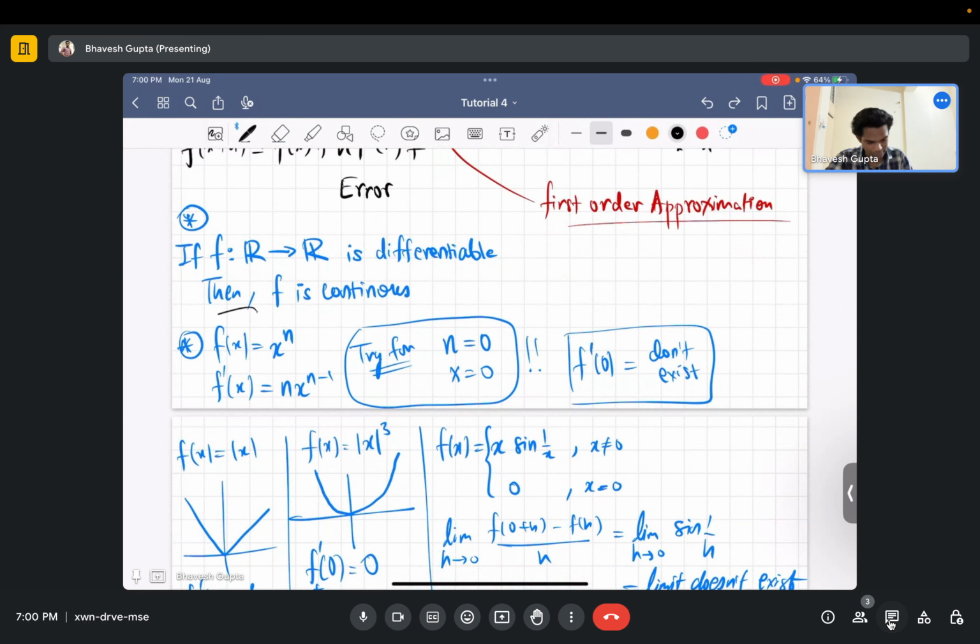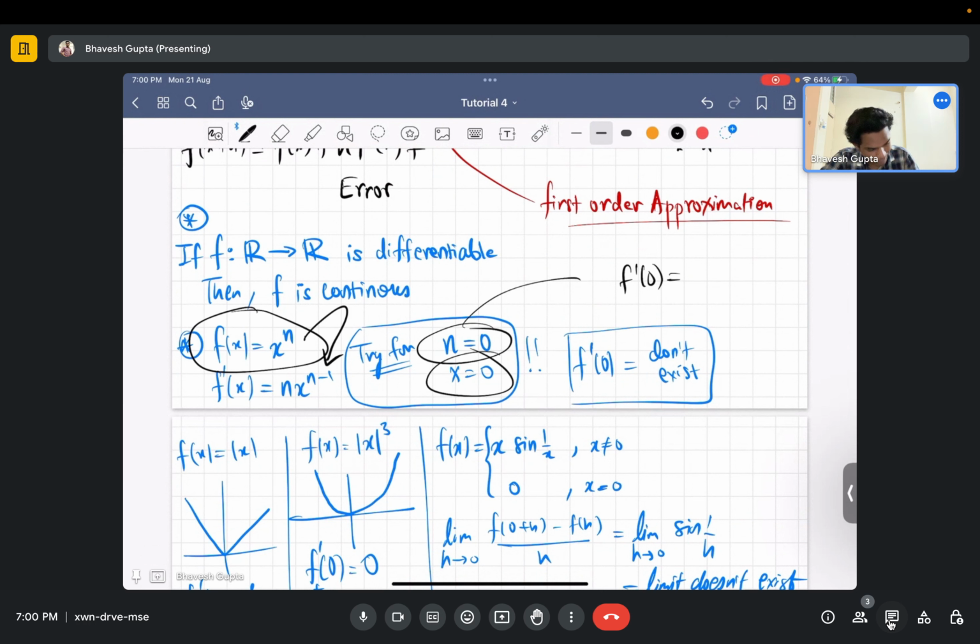For example, you calculate the derivative of this function from here to here just by taking the simple derivative, but you see that when you check for n equal to 0 and x equal to 0, it turns out that the derivative doesn't exist, right? You can easily see that, right?